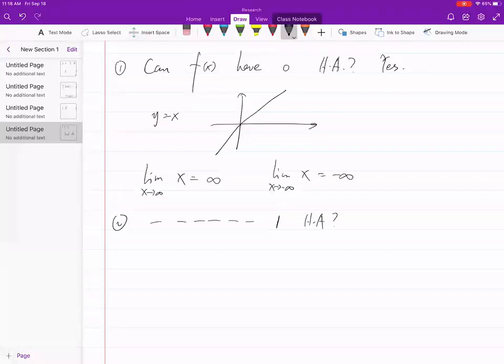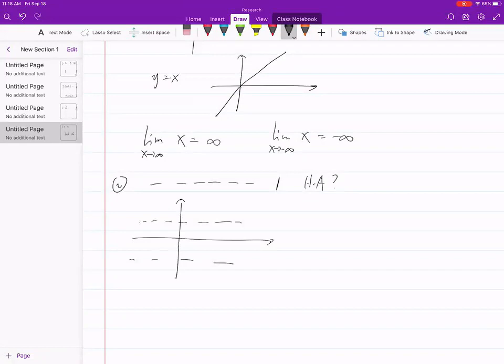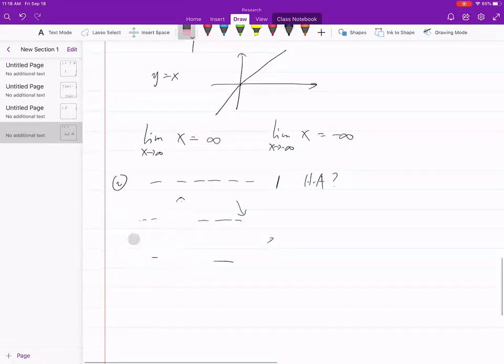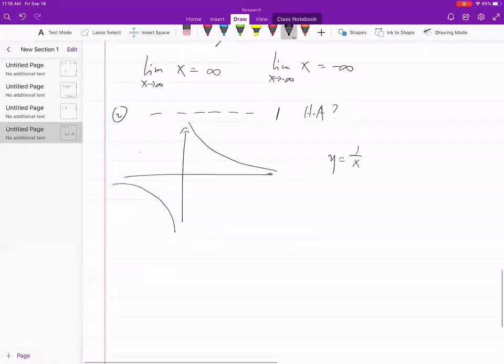I'm not sure exactly what the function is, but when there's a vertical asymptote at 0, then there could be a horizontal asymptote at 0 as well. So basically, on the right, you have one asymptote. On the left, you have an asymptote. It's possible that they are the same asymptote, right? Yeah. If we think about it, actually, this one will work. You just need them to be the same. All right, so 1 is okay.